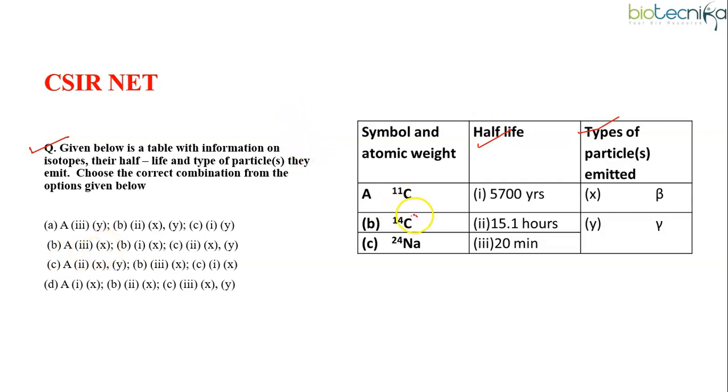As I mentioned earlier in this video, carbon-14 is used in carbon dating to determine the age of fossils, and it has a half-life of around 5,730 years. It's also a beta emitter. So that means B should be 1 and X, which is only given in option B, and therefore it is the answer.